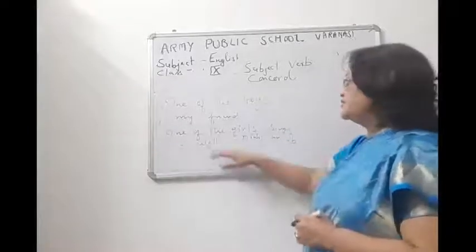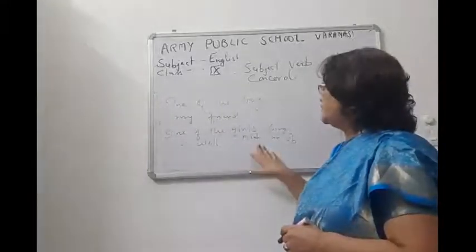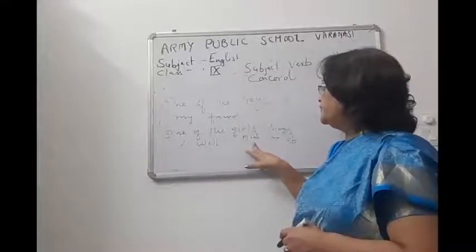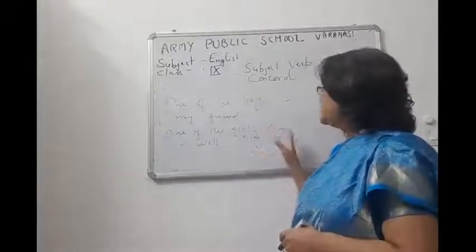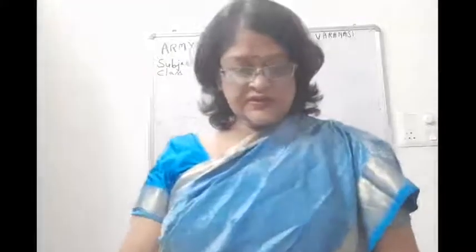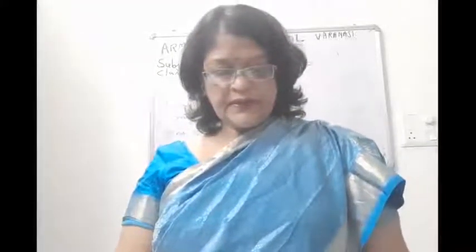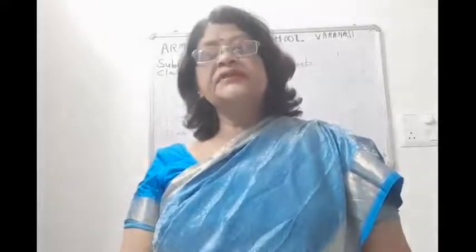So here this is a phrase. It is followed by girls, which is a plural. One is followed by a plural subject, and then the singular verb is there. One of the books is mine.